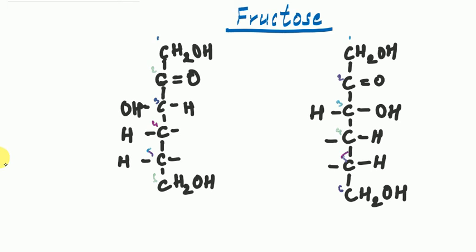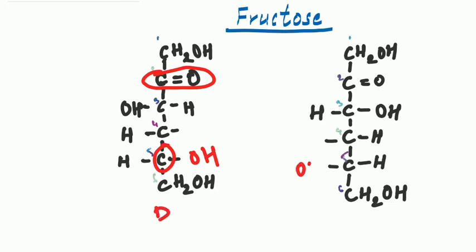The last structure of this video, fructose, which is a ketohexose with functional group C double bond O keto group, and it is 6 carbon compound with fifth carbon, the farthest asymmetric carbon atom from the functional group. When OH is on the right side of this carbon, then it is D-fructose structure.